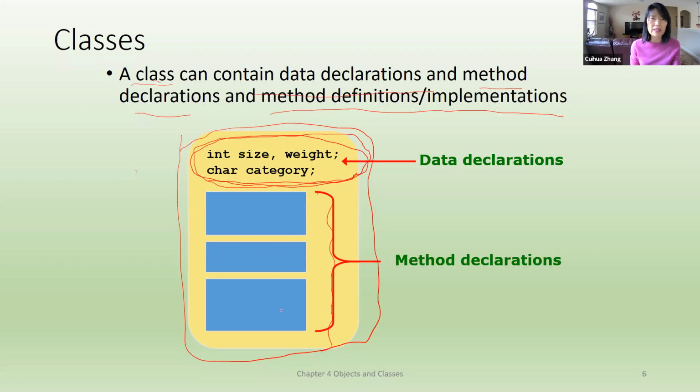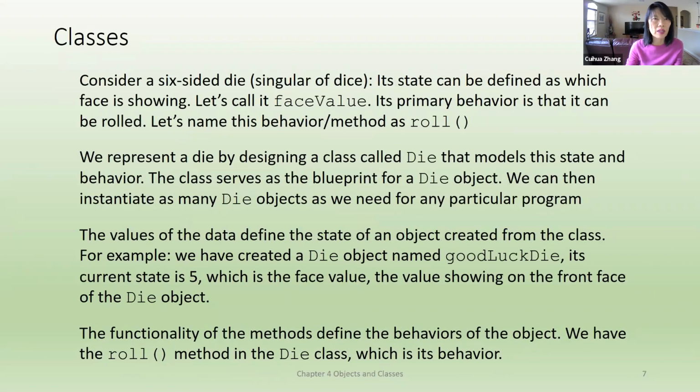These are the methods. So what is a class composed of? Data declarations and methods. We call these instance data. They are the characteristics of a class. So a class is composed of instance data and methods. That is what a class is composed of.